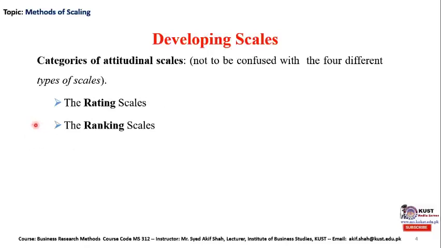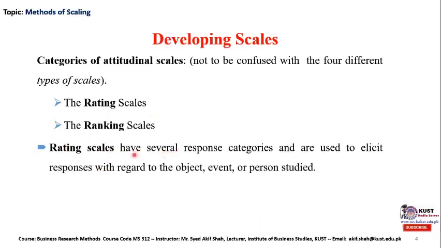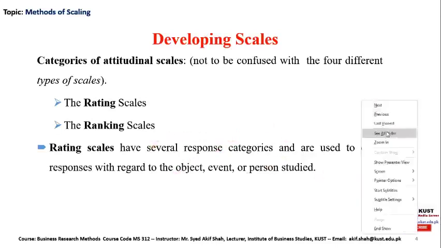However, the emphasis of this lecture is on ranking scales and the different methods of collecting data under this umbrella. The rating scales have several response categories and are used to elicit responses with regard to the object, events, or person under study.